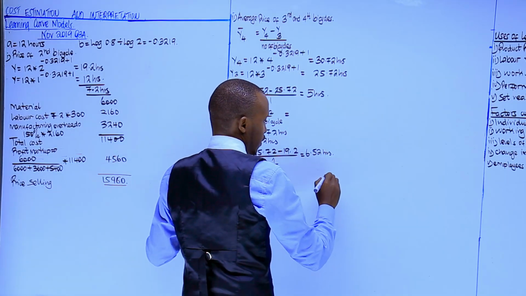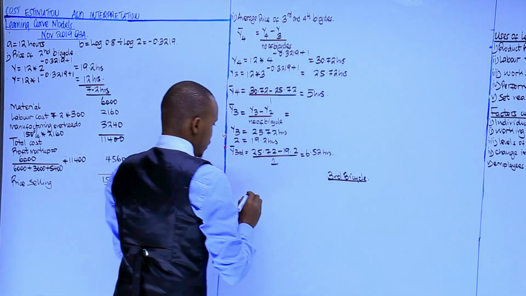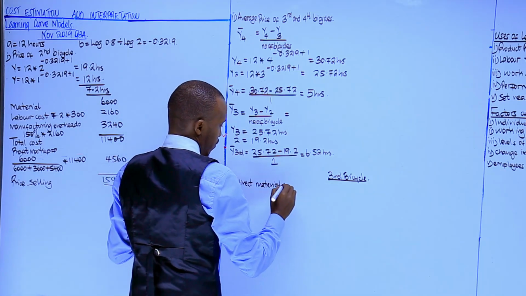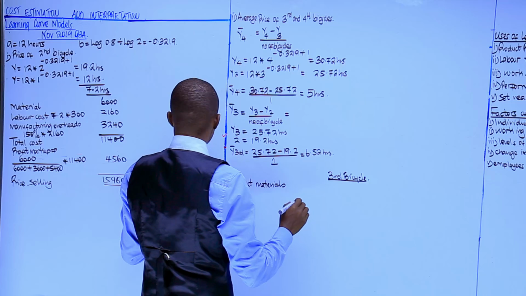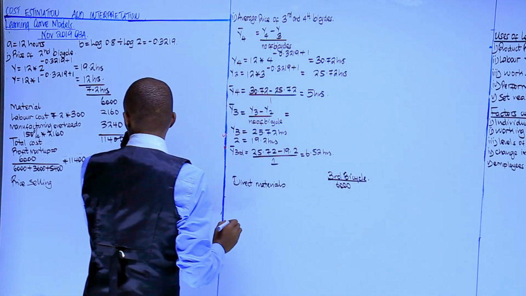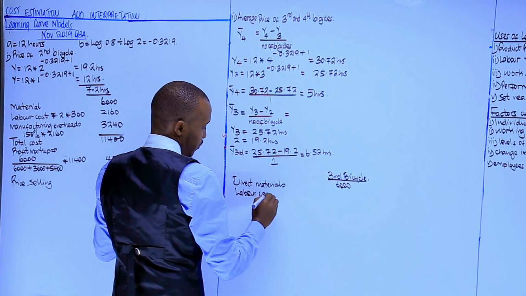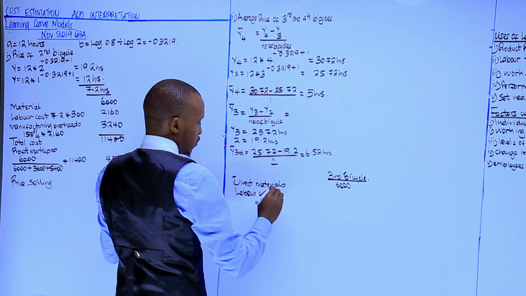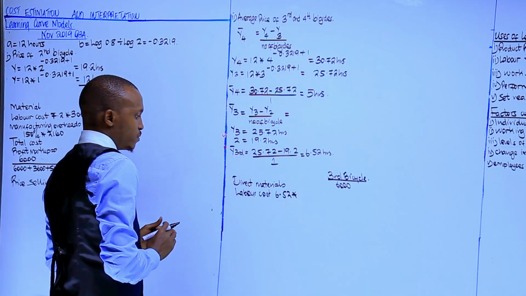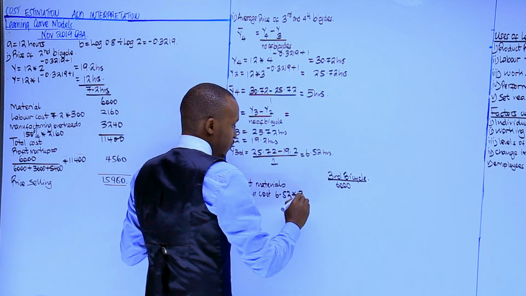Let's now get the cost. So here we'll write the third bicycle. We start with your direct materials. Your direct material will be 6,000. Labor cost. That bicycle took 6.52 hours. You multiply by your rate of 300.